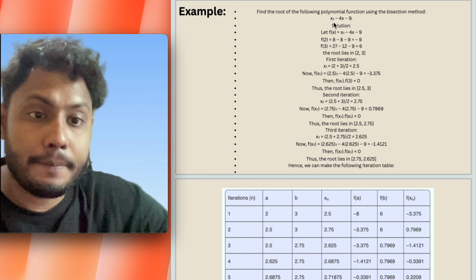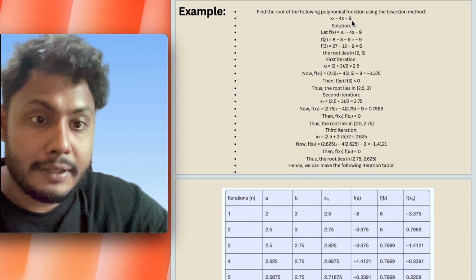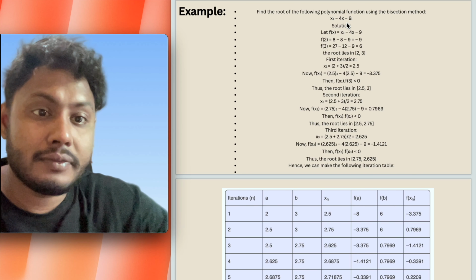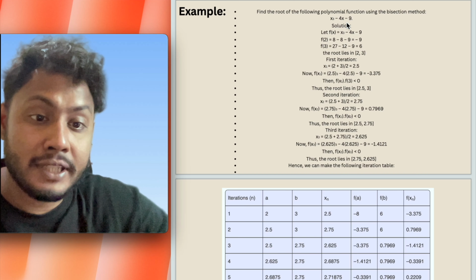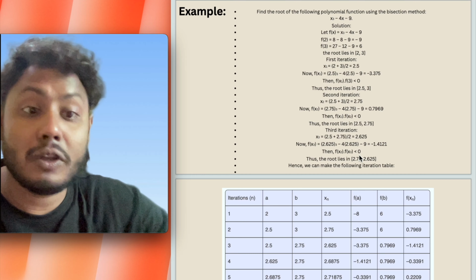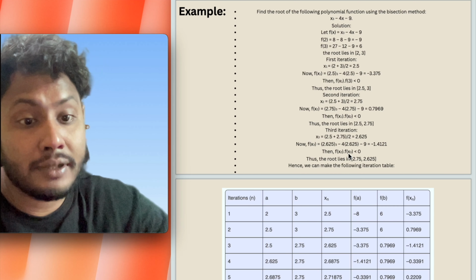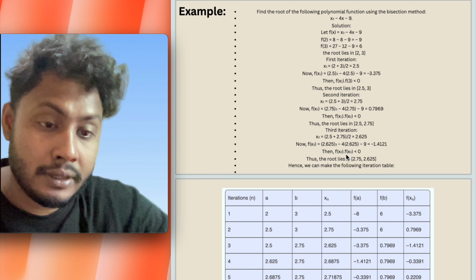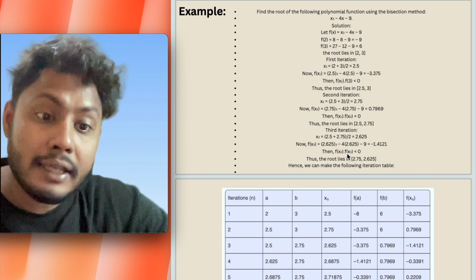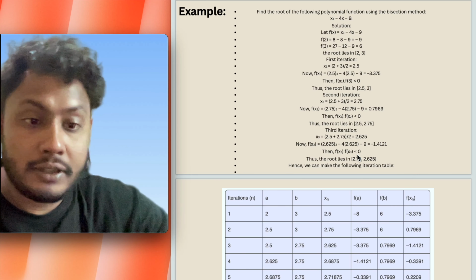We have the function x cubed minus 4x minus 9 on the slide. First of all, we have to take numbers such that f of x1 multiplied by f of x2 is less than 0.